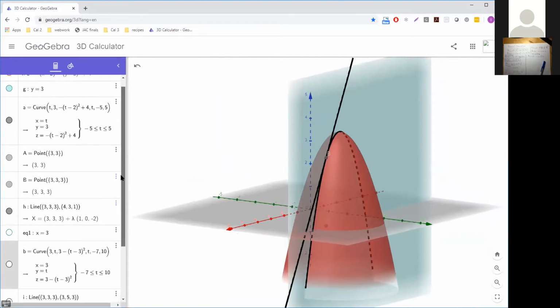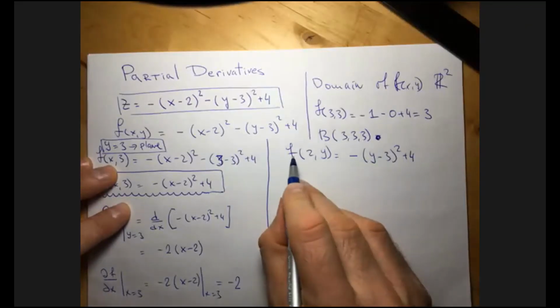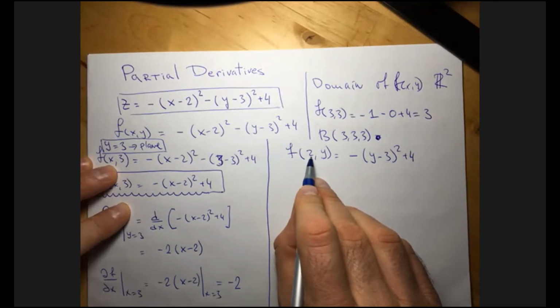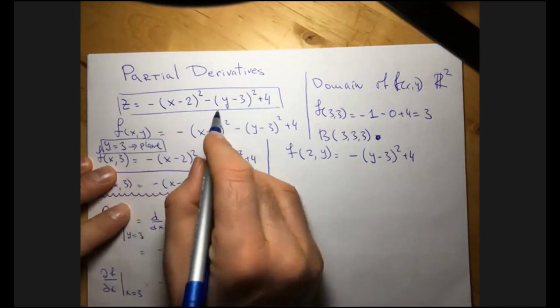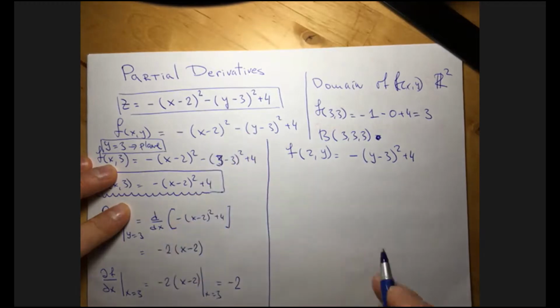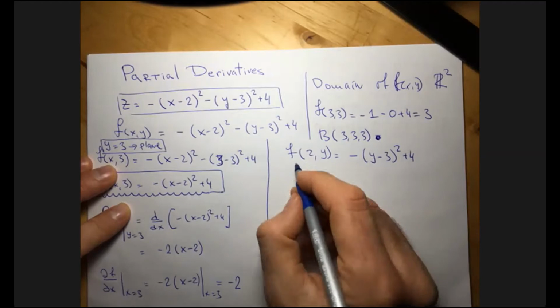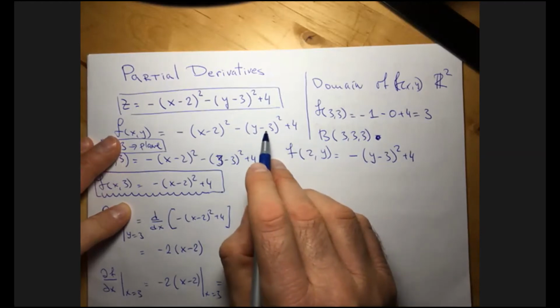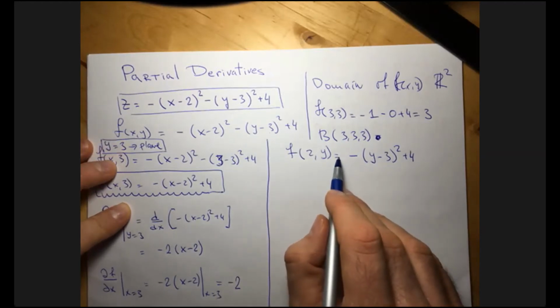On the other hand, if I take x being constant 2, and I express this function here for a constant x, then this two-dimensional function becomes a function depending on one variable.